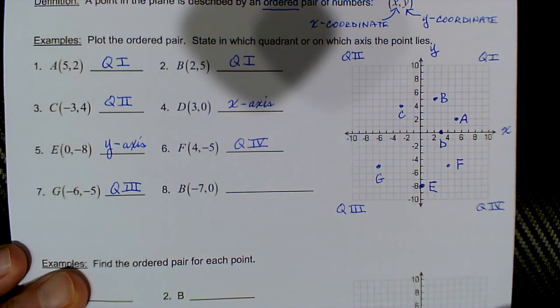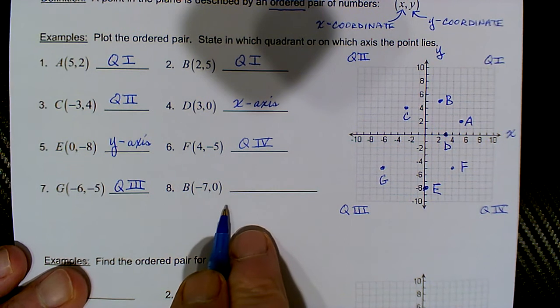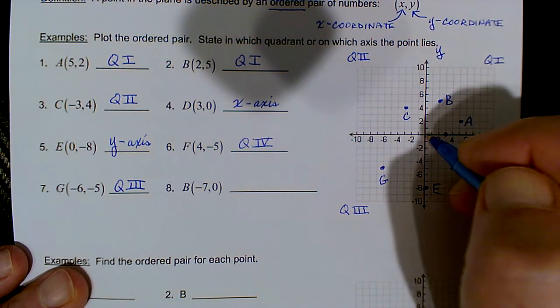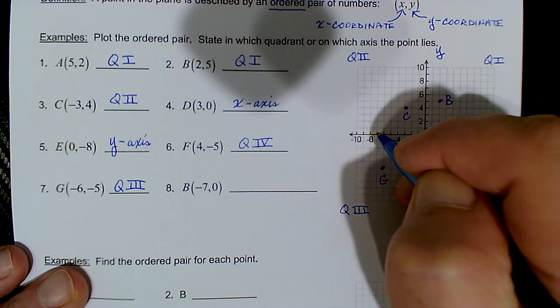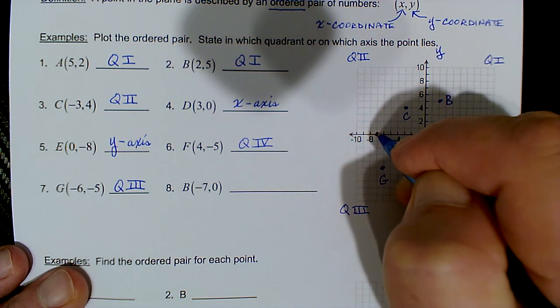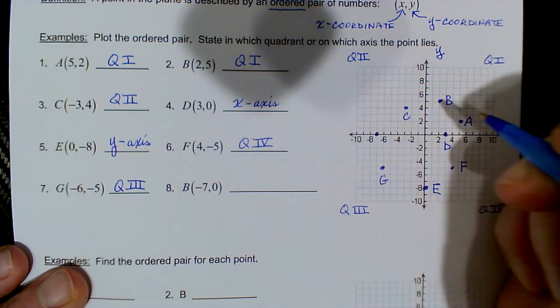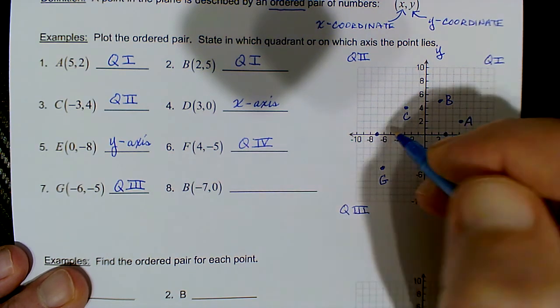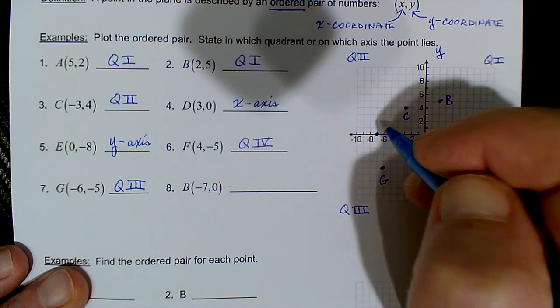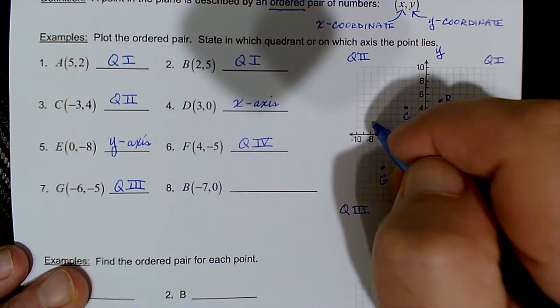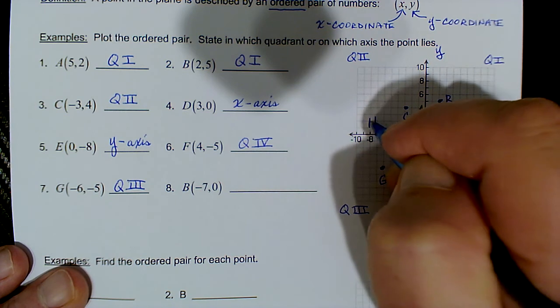And then finally (-7, 0). So you know it's one of those special points that lies on the axes, right? Which one is it? Looks like the x-axis, because you're moving -7 in the x direction, 0 in the y direction, and, well, I guess I should have labeled that as point H. Let's change that.